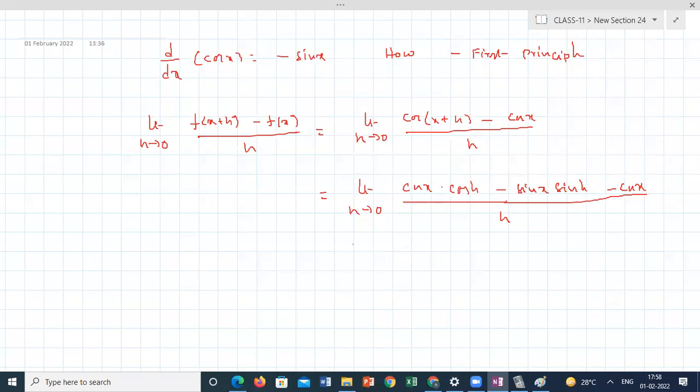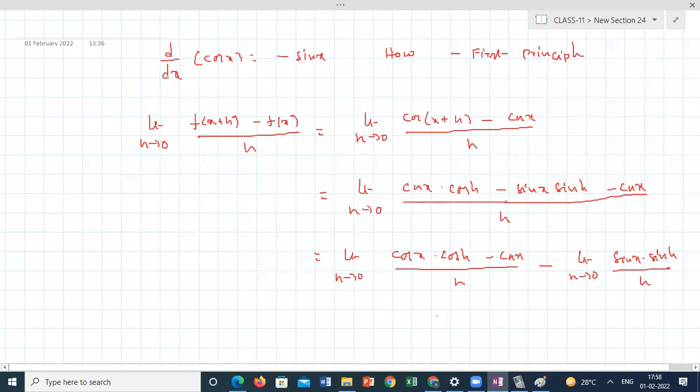If I'm splitting into two factors: limit h tends to 0, cos x into cos h minus cos x by h, minus limit h tends to 0, sin x into sin h divided by h.